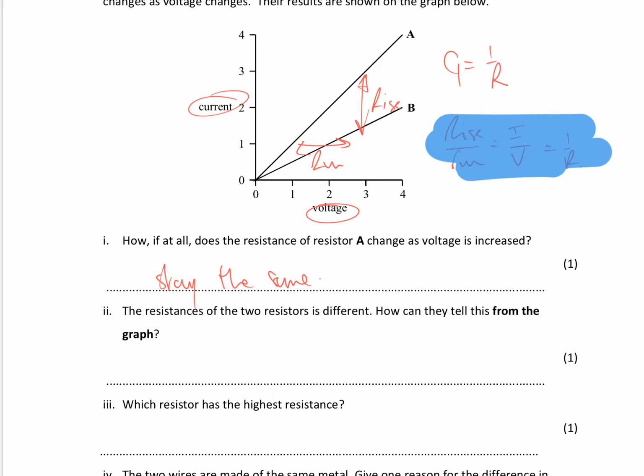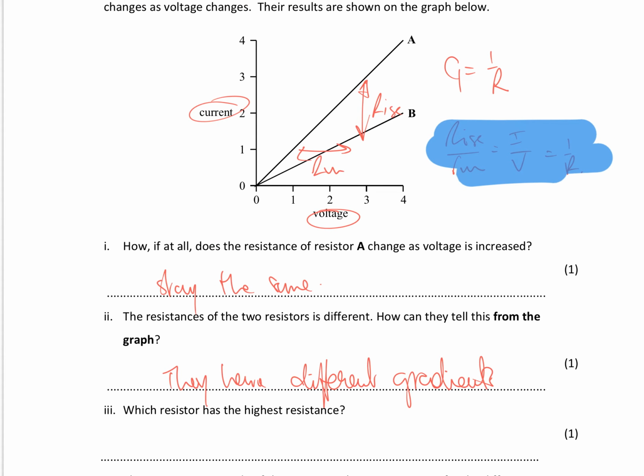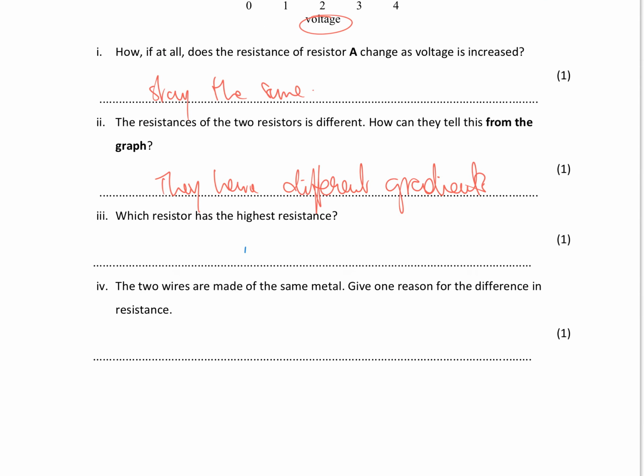Similarly, how can you tell that the resistors are different? Well, because they've got different gradients. Which resistor has the higher resistance? Well, remember I said it's proportional to 1 over, so the shallowest gradient will have the highest resistance. Hence, we have resistor B.